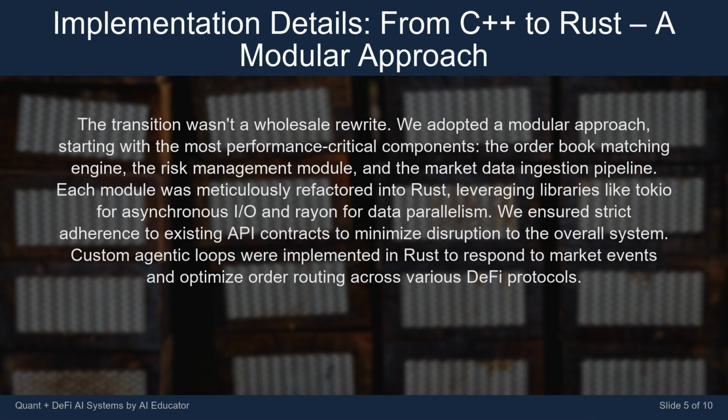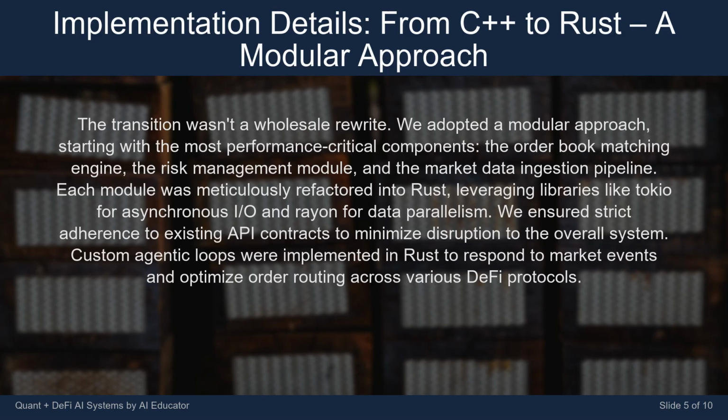The transition wasn't a wholesale rewrite. We adopted a modular approach, starting with the most performance-critical components: the order book matching engine, the risk management module, and the market data ingestion pipeline.